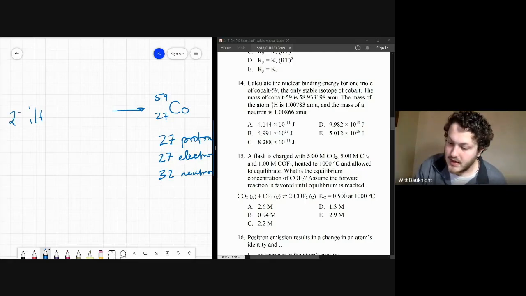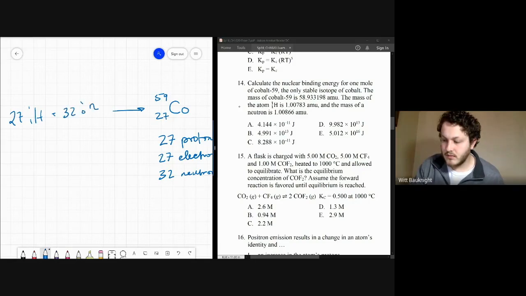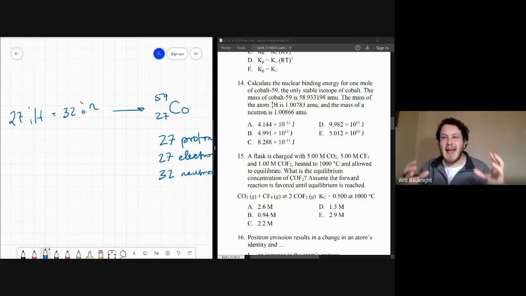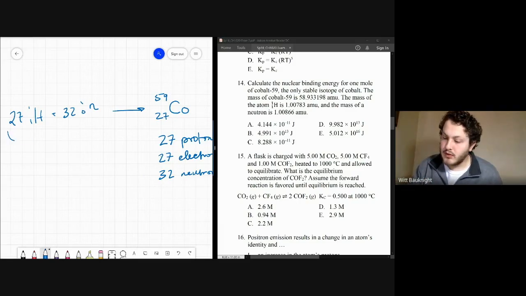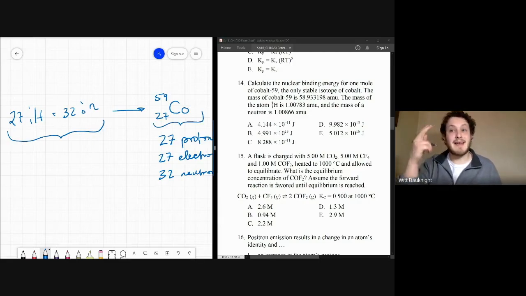Well, it's going to be 27. And then we're asked about neutrons. Well, we need 32 neutrons. So this is kind of the reaction that we're theoretically putting together. So what we're going to do is find the mass of this, and then we're told the mass of this, and we can find the mass defect, the change in mass.